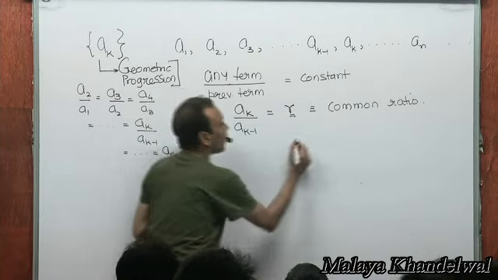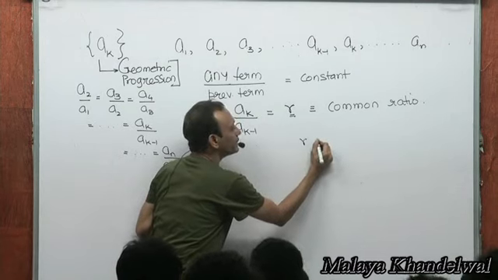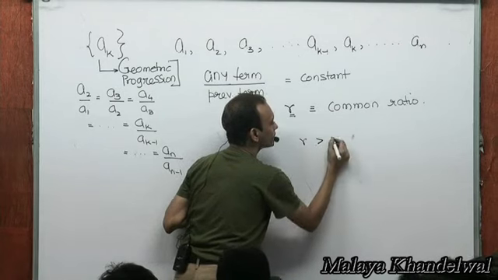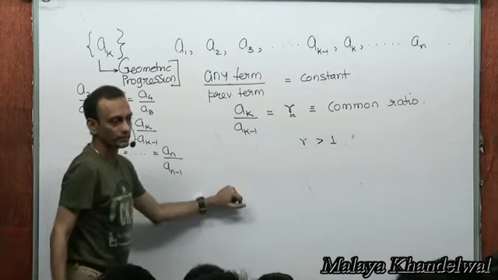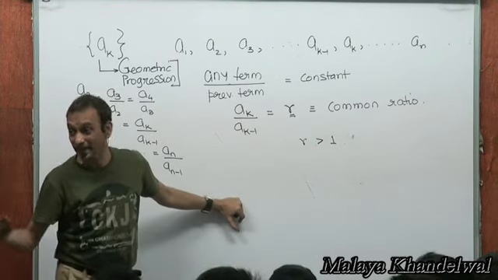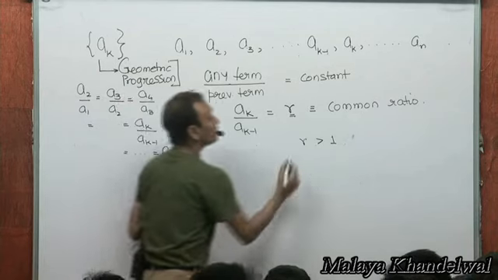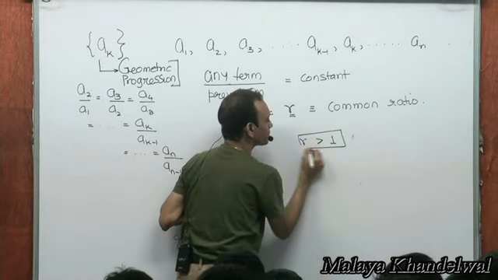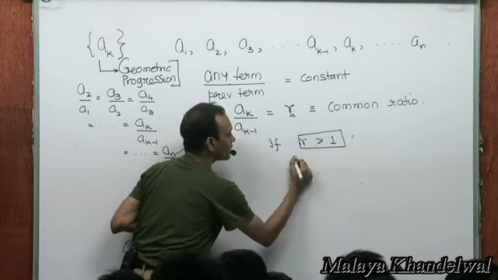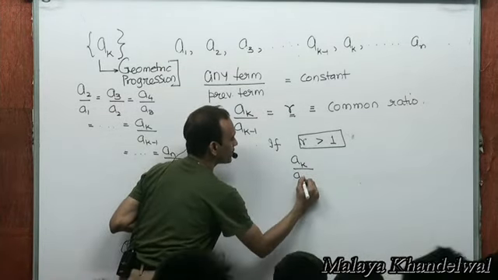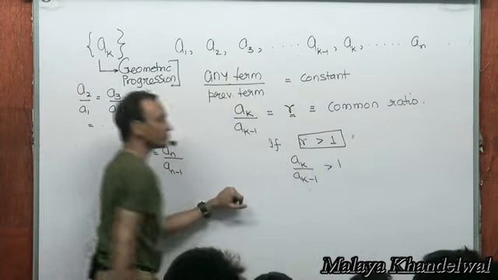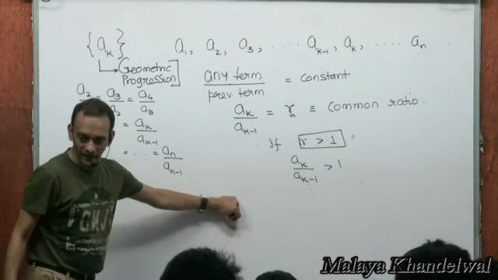Now, R can be greater than 1, or it could be less than 1. If R is greater than 1, then AK by AK minus 1, any term by previous term, will be greater than 1, right?